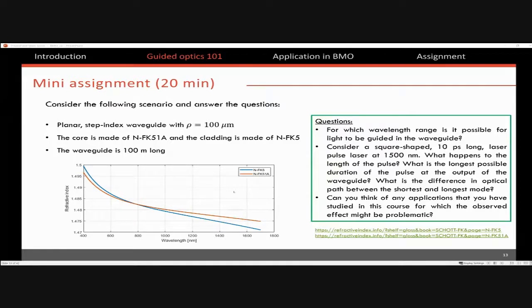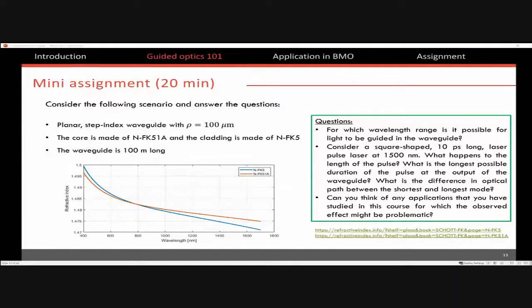Yep. And if we look at the graph, we can see that from around 800 and onwards, the core index is higher than the ratio of refractive indexes.